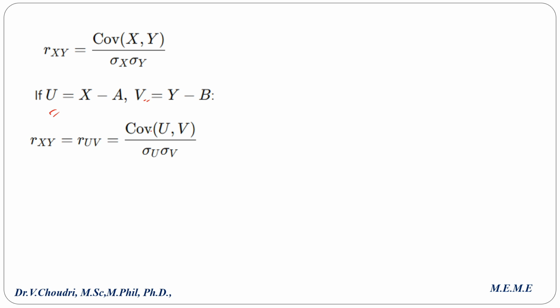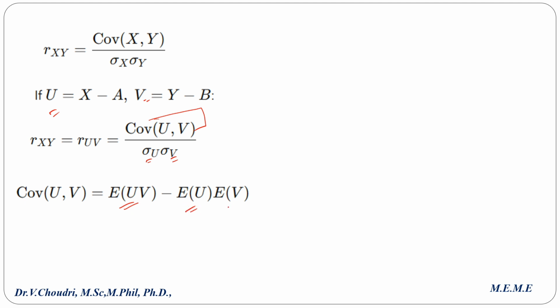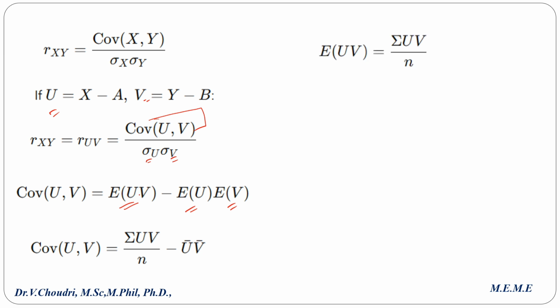So what is the formula? Covariance of u comma v divided by sigma u into sigma v. Find them one by one. What is the covariance of u comma v? Expectation of uv minus expectation of u into expectation of v. Expectation of uv is summation of uv divided by n.